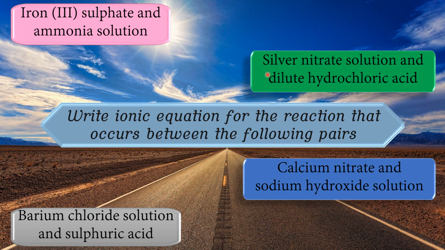We shall also write an ionic equation between silver nitrate solution and dilute hydrochloric acid. So we want to write the ionic equations for the reactions of iron(III) sulfate with ammonia solution, silver nitrate solution and dilute hydrochloric acid, calcium nitrate and sodium hydroxide solution, and barium chloride solution with sulfuric acid.